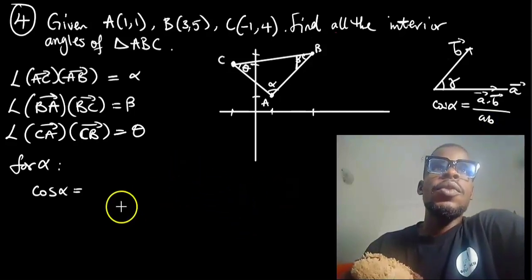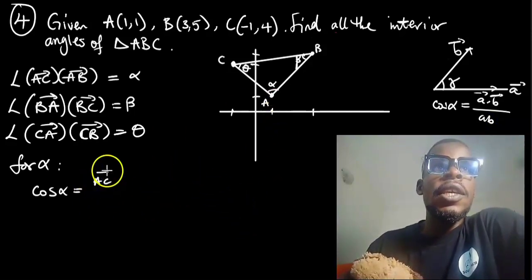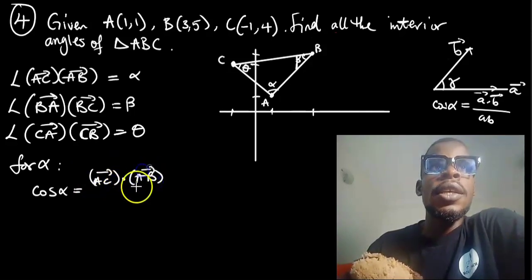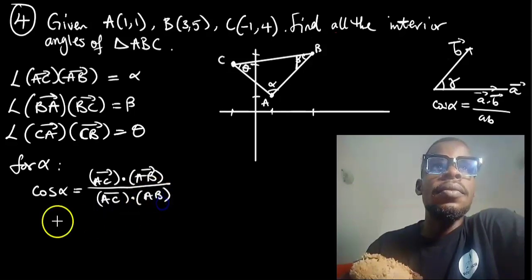Using that, we simply have the dot product of vector AC with the vector from A to B, divided by the product of their lengths, line AC times line AB.